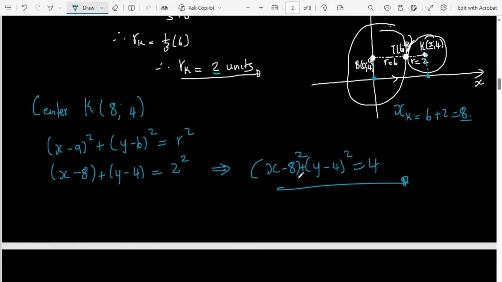Right. So in the next part of this lesson, we are going to discuss the tangent to a circle, which also plays an important role when it comes to tangent to a circle exam questions.